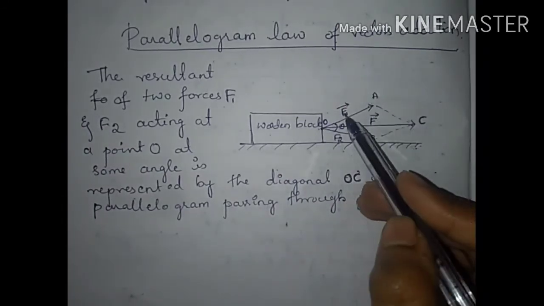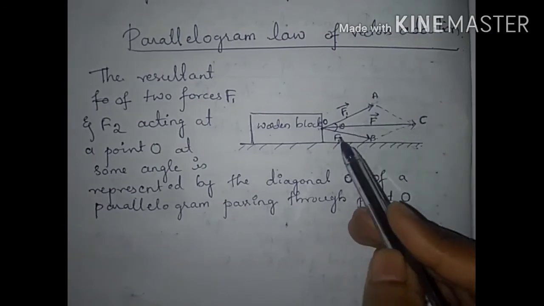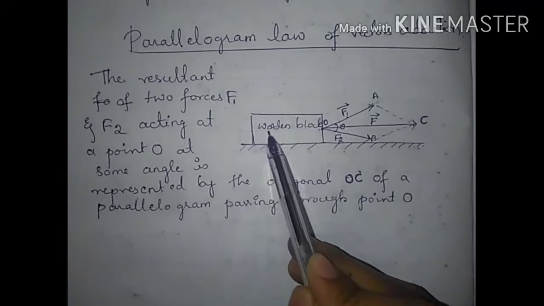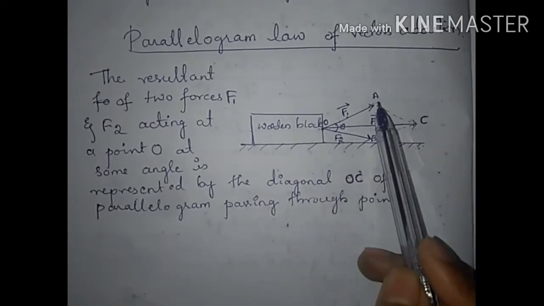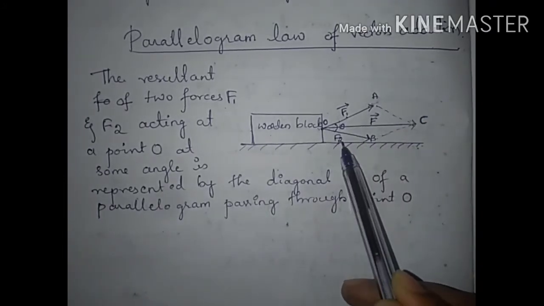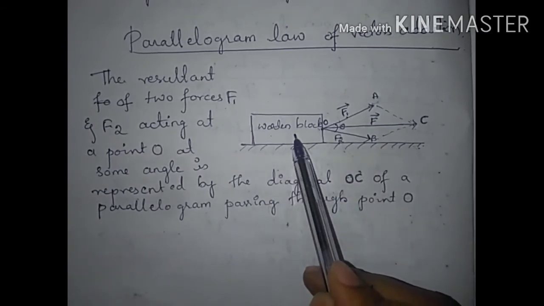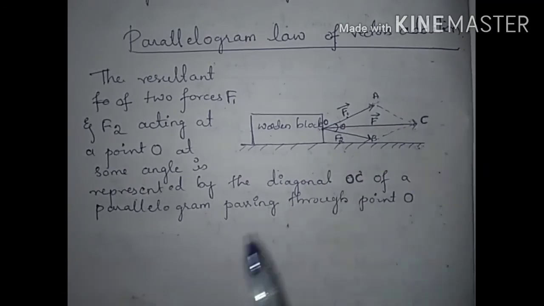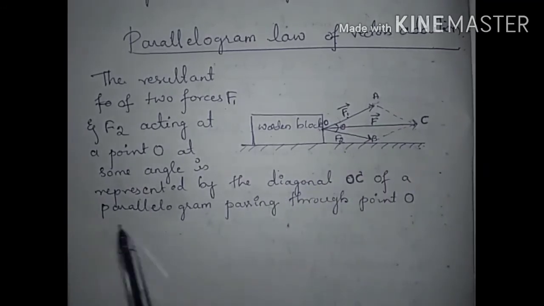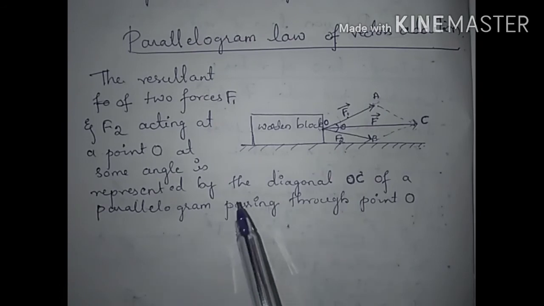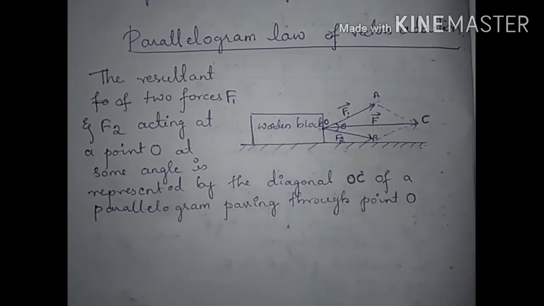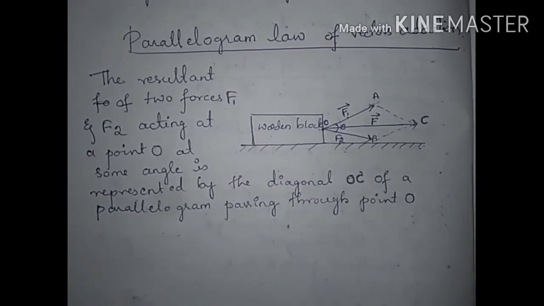Let's say the direction of F1 is OA and F2 is OB. The wooden block will not move in the direction of F1 or F2, but in the direction of OC. This OC is the diagonal of the parallelogram, and OC is the resultant vector of the vectors F1 and F2. This is the parallelogram law of vector addition.